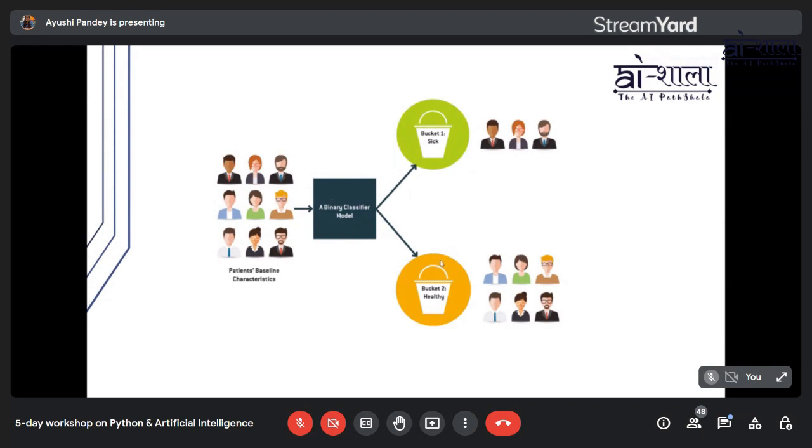So we have only two classes. This is a binary classification problem.